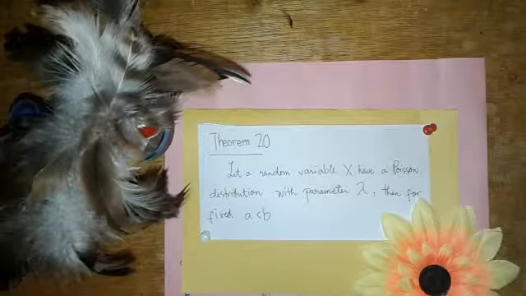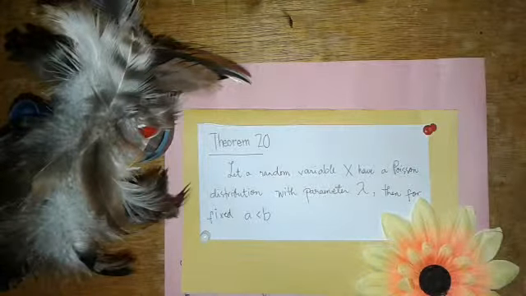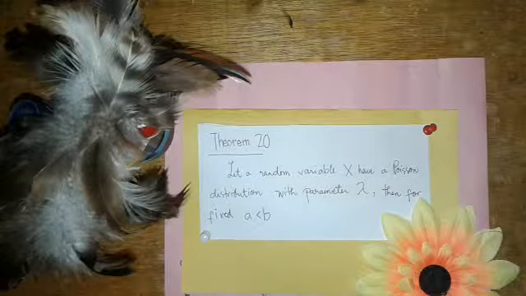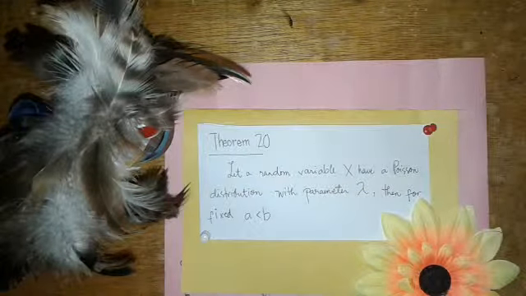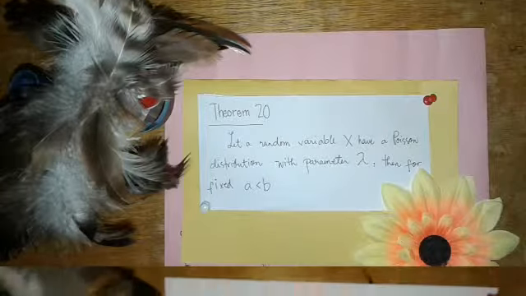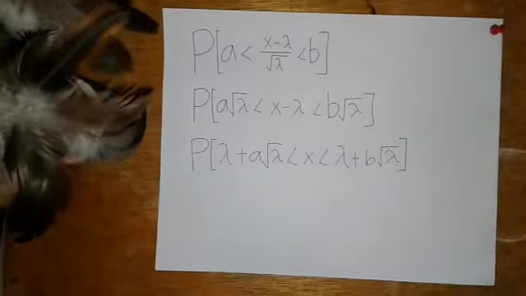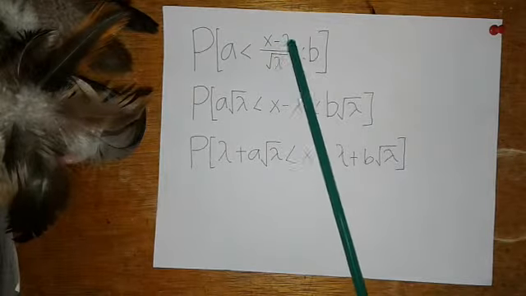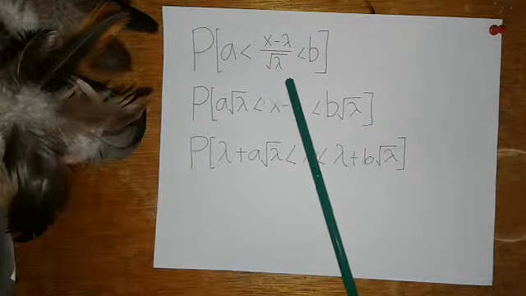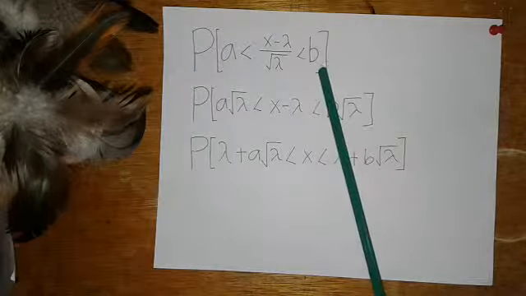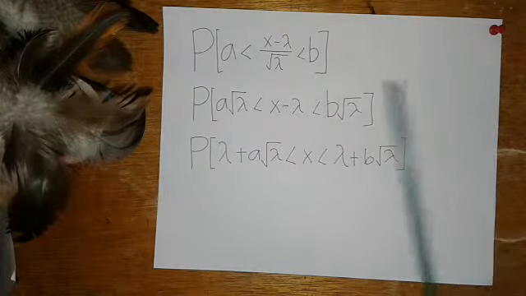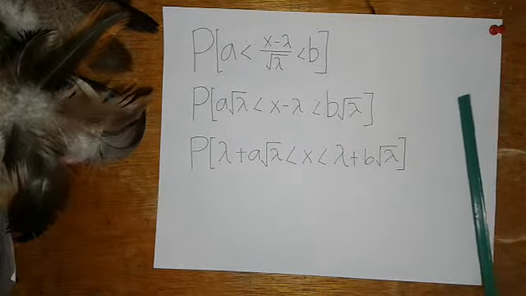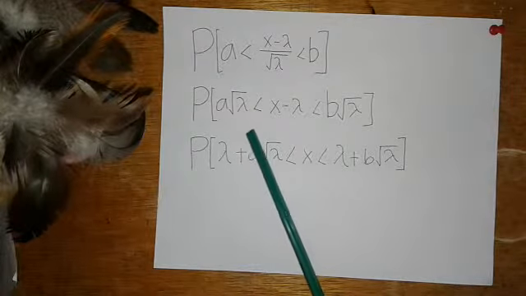Theorem 20. Let a random variable x have a Poisson distribution with parameter lambda, then for fixed a less than b, we have the probability of (x minus lambda) all over square root of lambda greater than a and less than b. So we are going to eliminate the denominator by multiplying by square root of lambda.